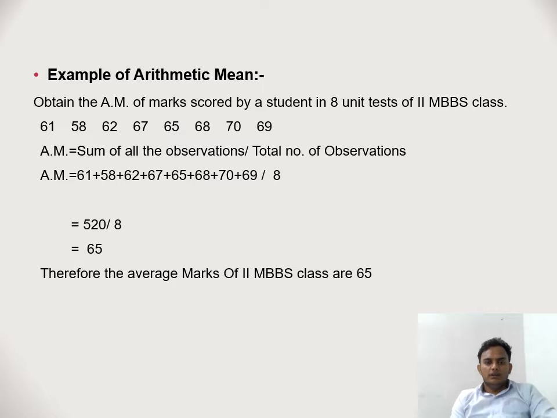So here total number of observations are 8, and now adding all observations in the numerator, divided by total number of observations. After solving this division, the answer is 65. Therefore the average marks of second year MBBS class are 65.